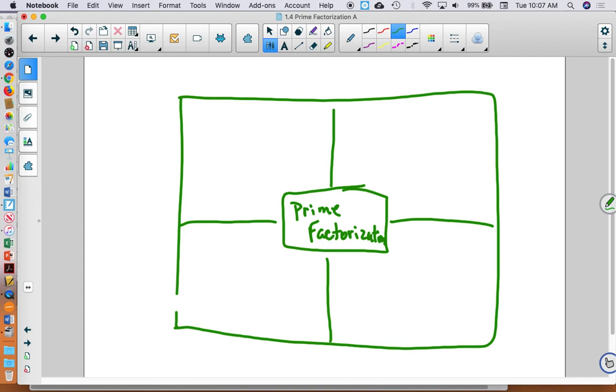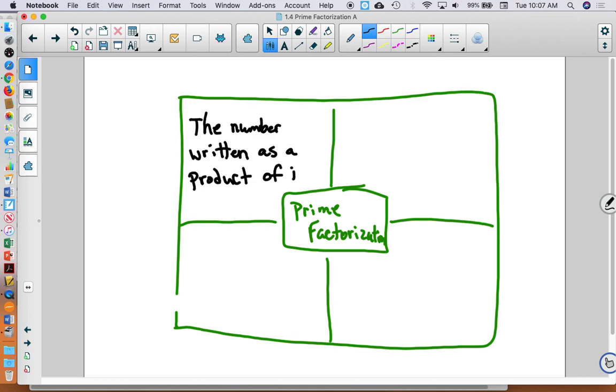Prime factorization of a number is the number written as a product of its prime factors. That's the definition. Those of you that didn't get the page will have it here in just a minute. Okay?